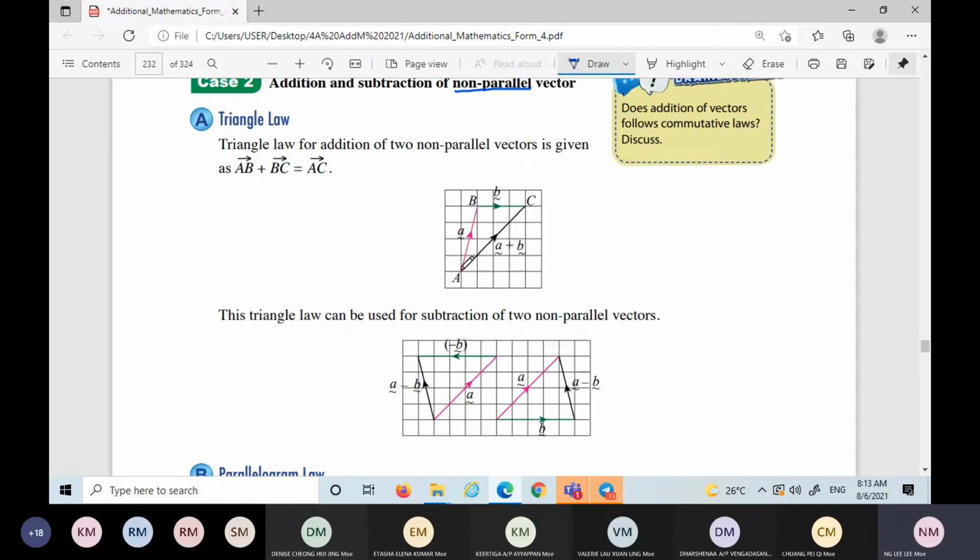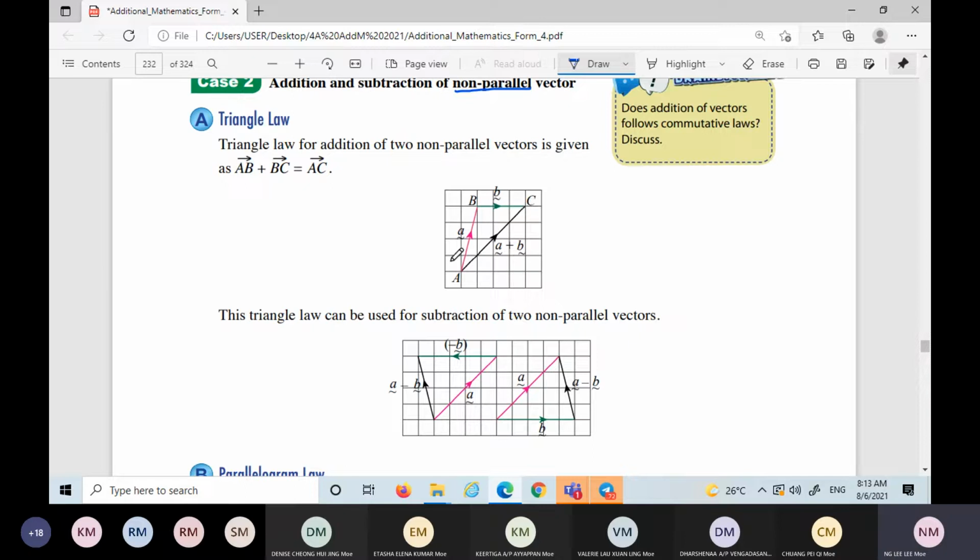From A you go to B, then from B you go to C. The shortcut is from A, finally you reach C, so you can draw from A to C. The longer path, which you separate into two, is from A to B and then B to C. For this journey, your starting point is A and your final ending point is C. So you draw from A to C, and that is your resultant vector.